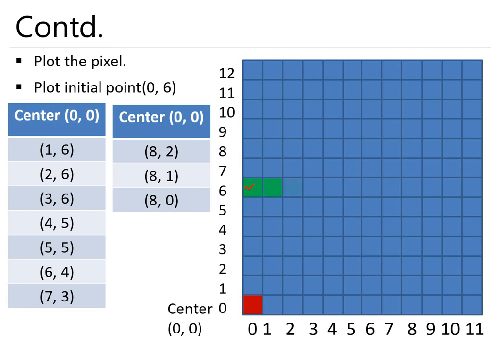And next will be 1, 6; 2, 6; 3, 6; 4, 5; 5, 5; 6, 4; 7, 3; 8, 2; 8, 1; 8, 0. Now that is how the ellipse is generated. We have seen how it is generated in the first quadrant. It has to continue on all the 4 quadrants.